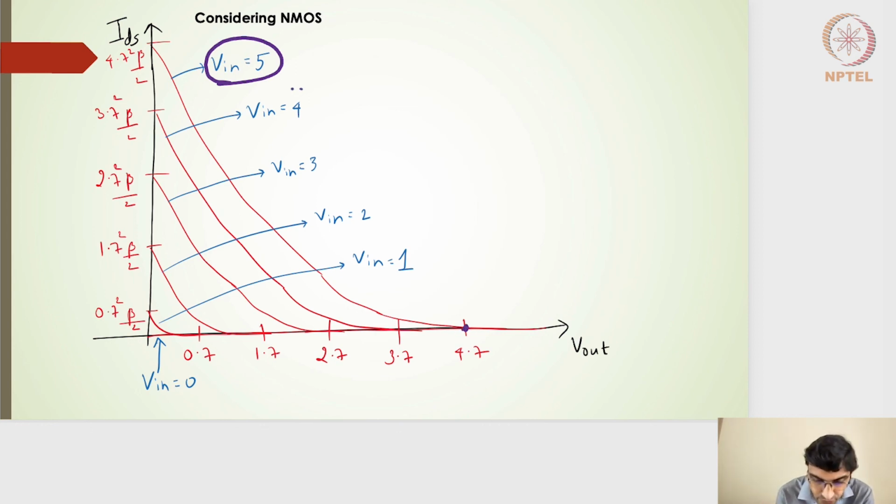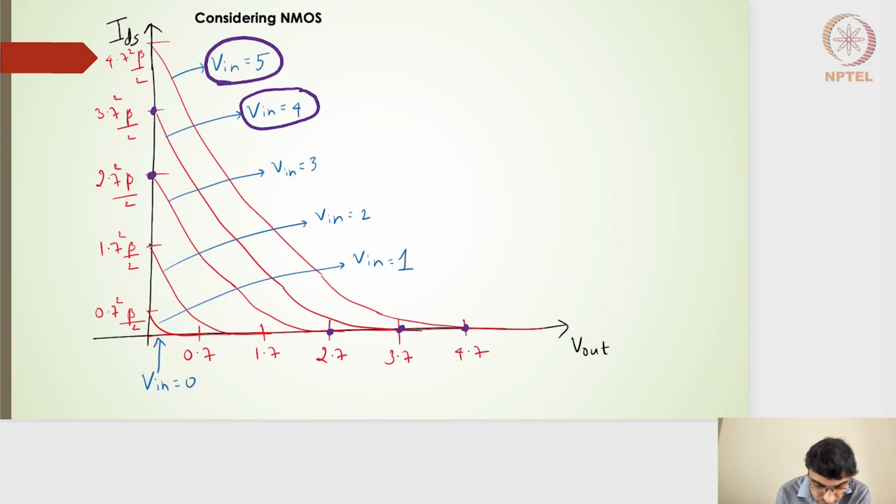Similarly, for an input voltage of 4 volts, it starts from beta n by 2 times 3.7 the whole square and touches 0 at 3.7 volts. For Vinput of 3, it starts from beta n by 2 times 2.7 the whole square and reaches 0 at 2.7 volts.